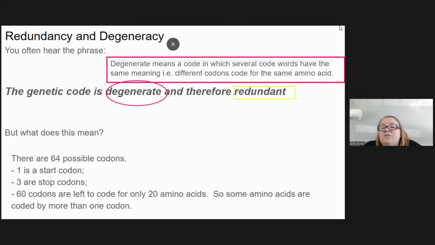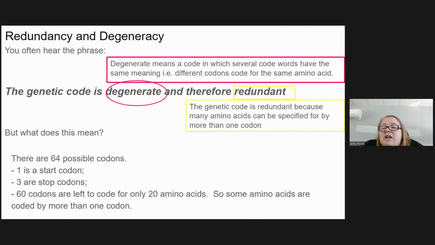So, for example, different codons are coding for the same amino acid. And the term redundant means the genetic code is redundant because many amino acids can be specified by more than one codon. So, like I said, they are two sides of the same coin.